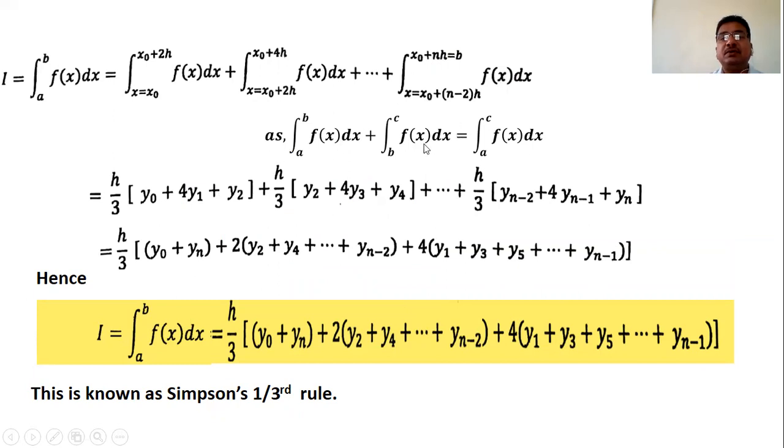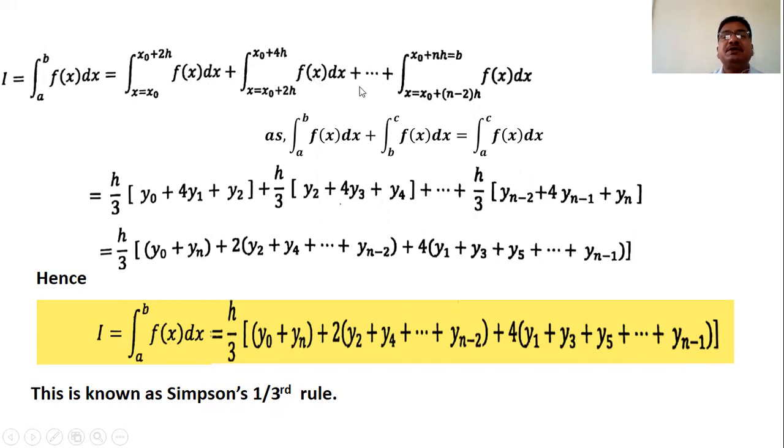So by using this rule of addition of integrals, we have the integral from x naught to x naught plus 2h of f(x) dx, that is the integration over the first two intervals, plus x naught plus 2h to x naught plus 4h of f(x) dx, that is the next two intervals.